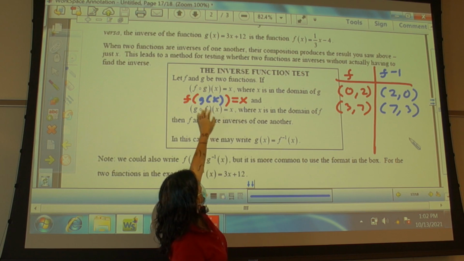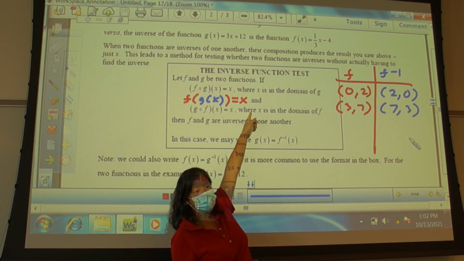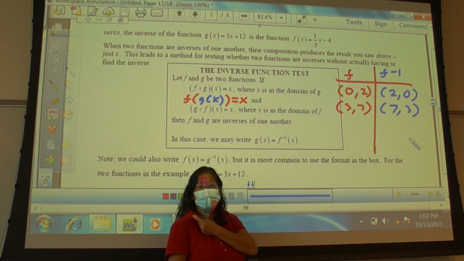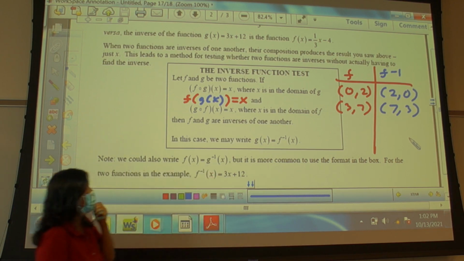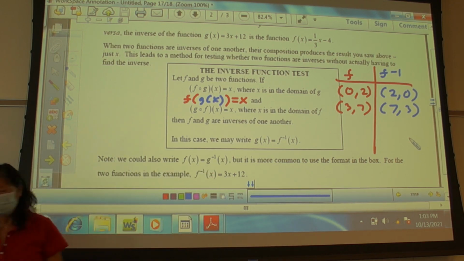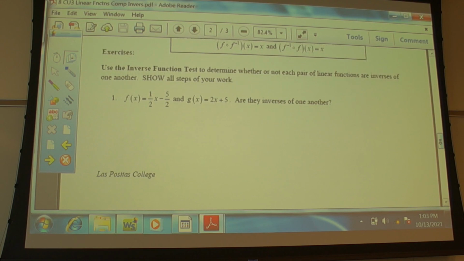So what's my input? x. What's my output? Also x. My input is the same thing as my output. Nothing happened to it. They undid each other. That's what we're saying. Good. Hopefully that made sense.